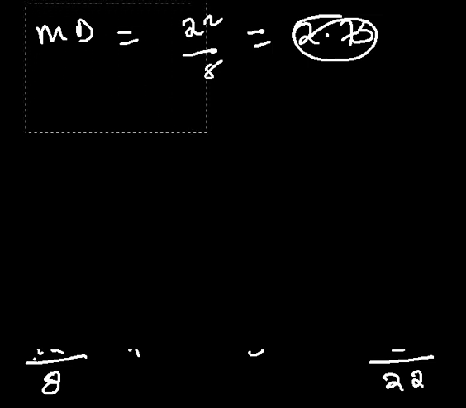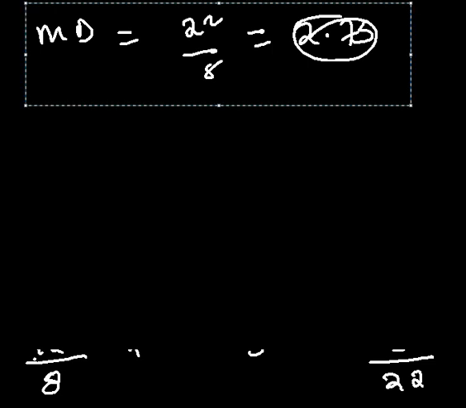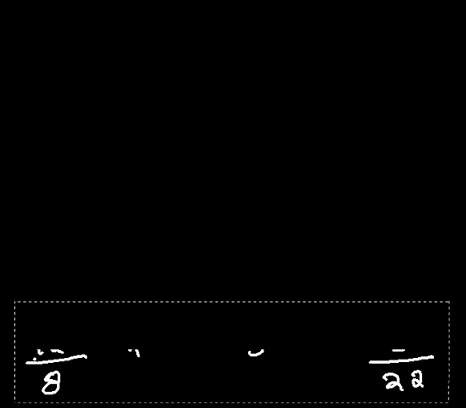So basically, the mean deviation just shows, on average, how far the given set of data values are from the mean of the data. That's how you can understand the mean deviation.